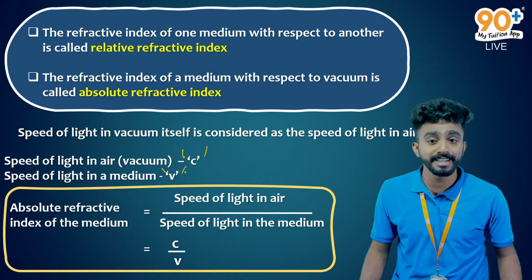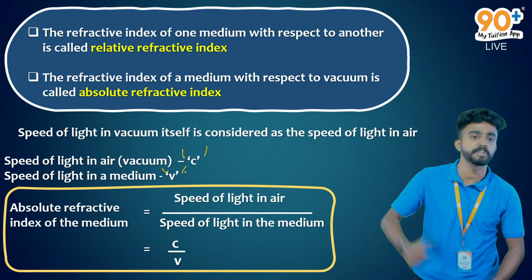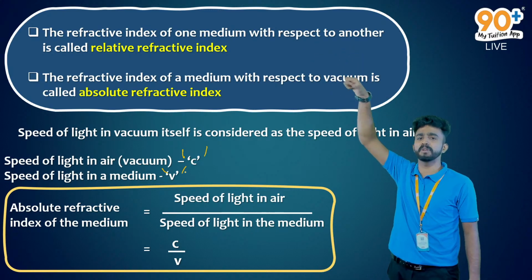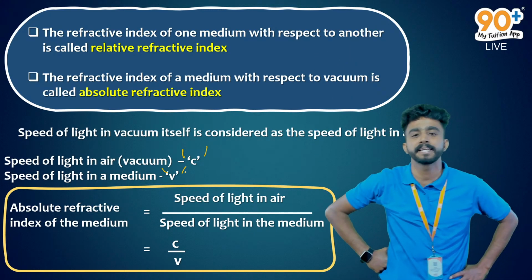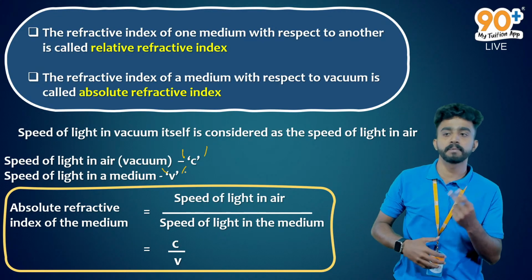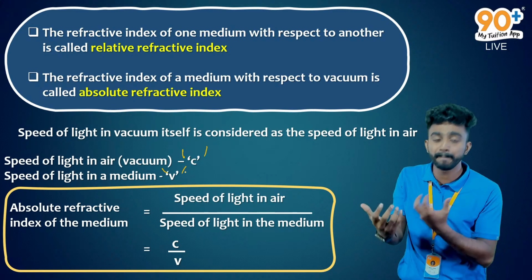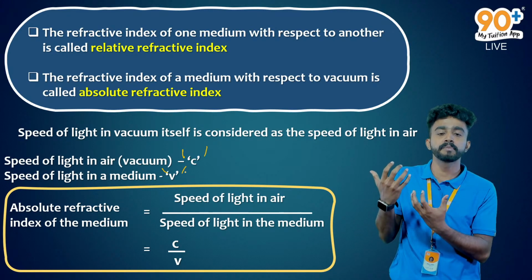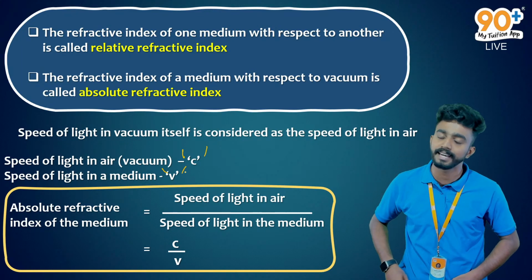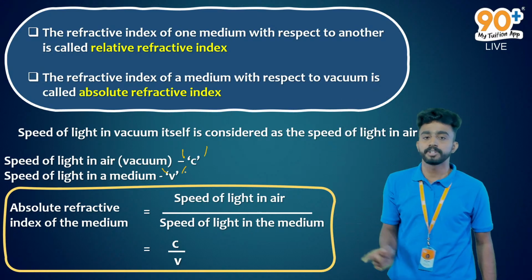Linda is asking, sir, can you explain that diamond example again? When we are learning relative refractive index, we'll be considering two mediums, medium 1 and medium 2. For example, water and diamond. When we compare water and diamond, which one will be denser? Diamond for sure. So water we can consider as the rarer one. In that case, are we taking vacuum or air? No, right?